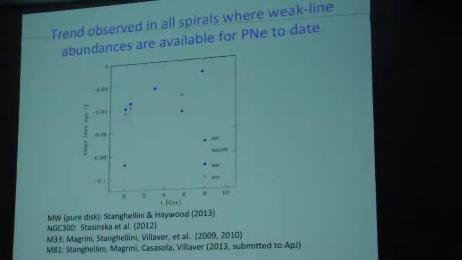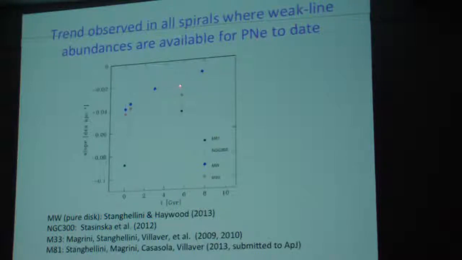For M33, that's a very shallow gradient, flattening with time of stellar population, but there is some flattening. And here you see that in M33 you are able to distinguish type 1 and type 2 planetary nebulae. You're not able to do that in other galaxies.